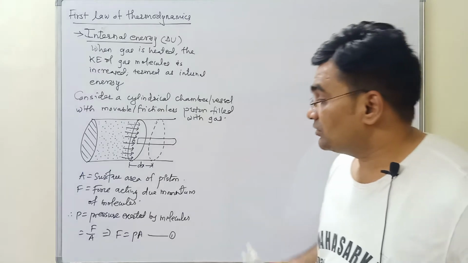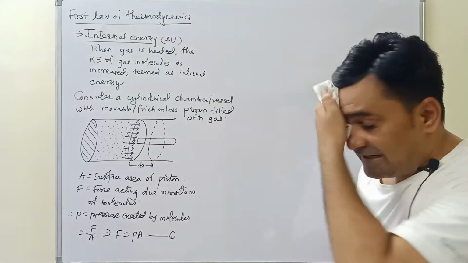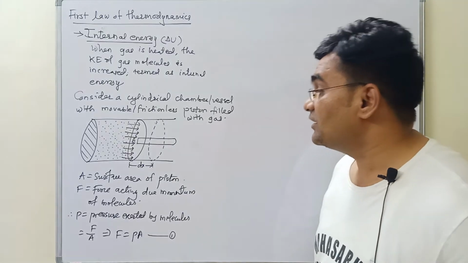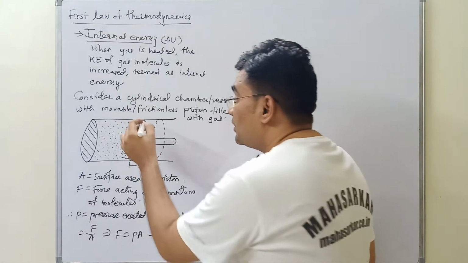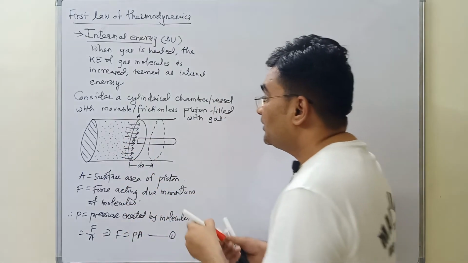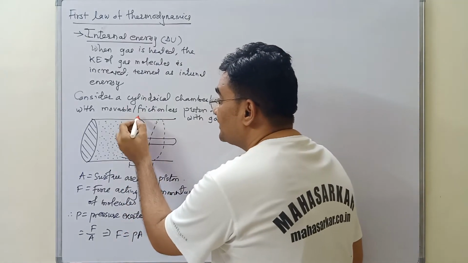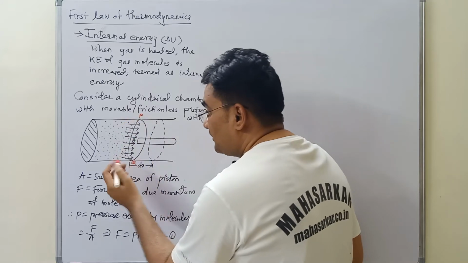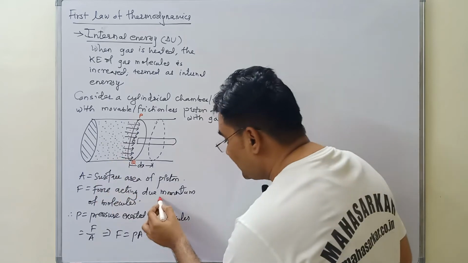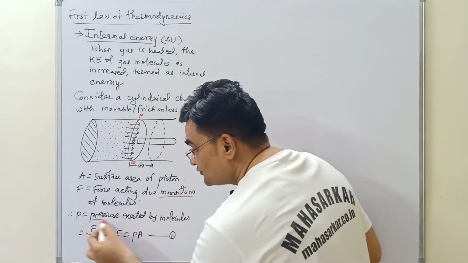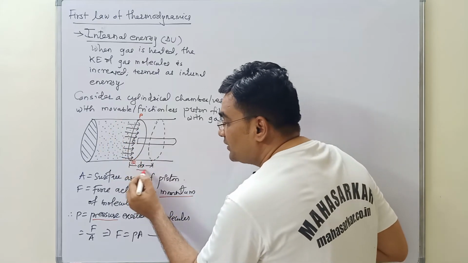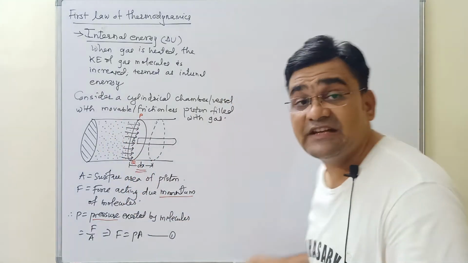Now, suppose I have given some heat, and this was the initial position, say PQ. PQ was the initial position of the piston, and because of the heat, kinetic energy increases, correspondingly momentum will increase, so the pressure is also going to increase. Because of that pressure, the piston moves slightly by an infinitesimally small distance dx.